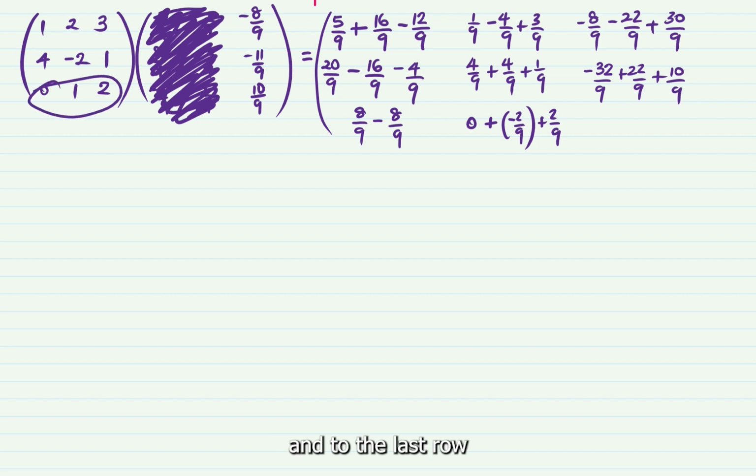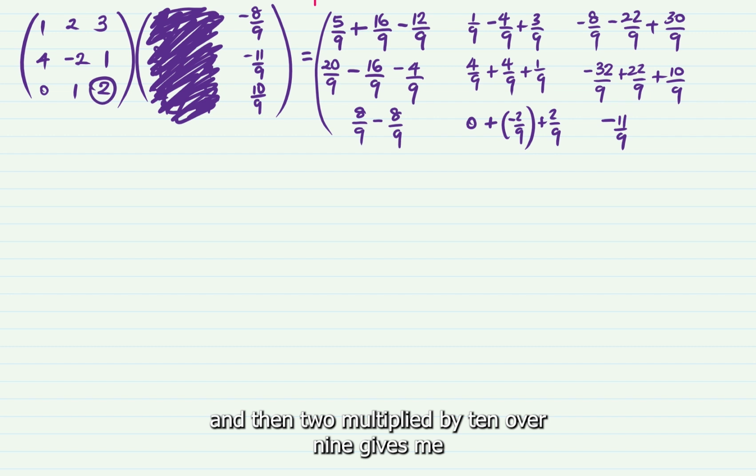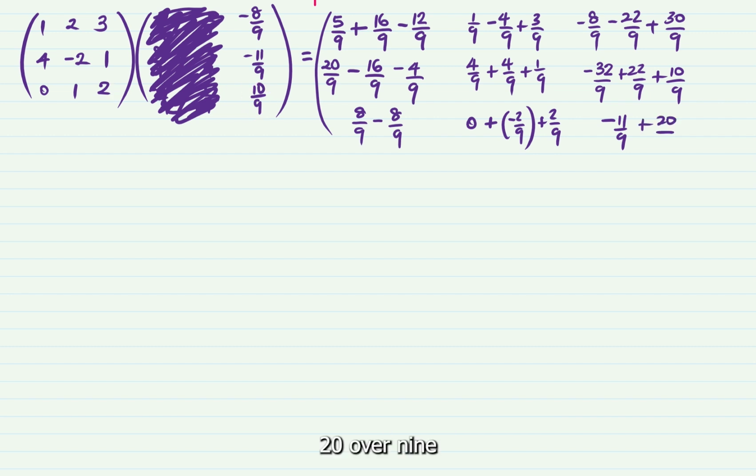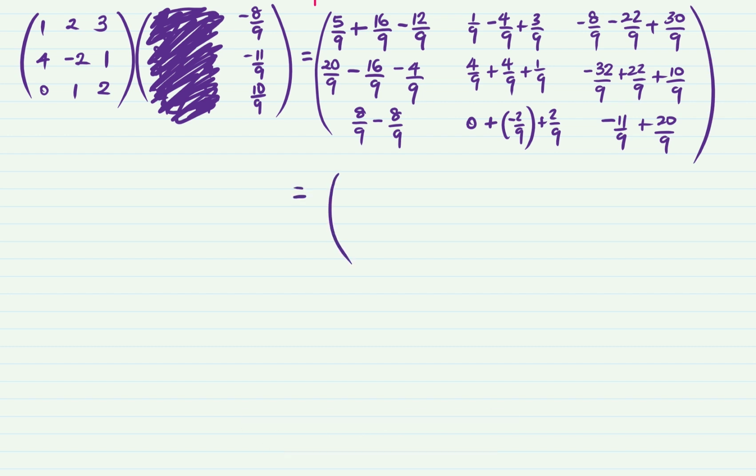And to the last row, because this is tiring already, 1 multiplied by -11/9 will give me -11/9, and then 2 multiplied by 10/9 gives me 20/9. Okay, now we just need to simplify and see what we've got.